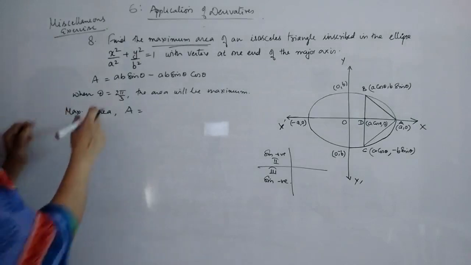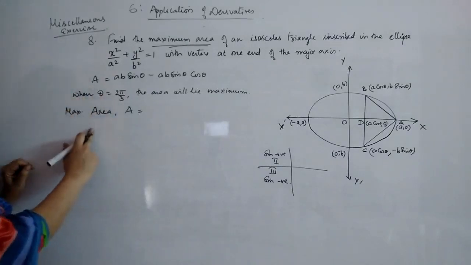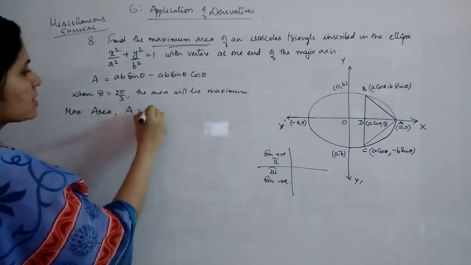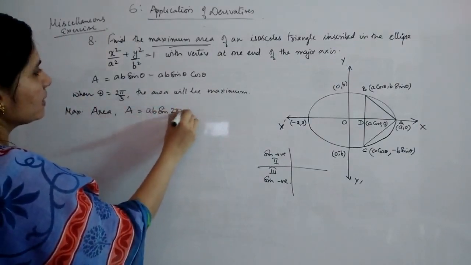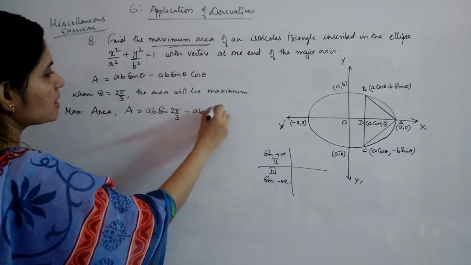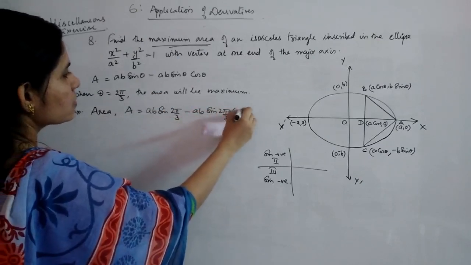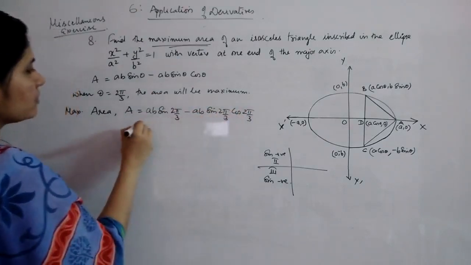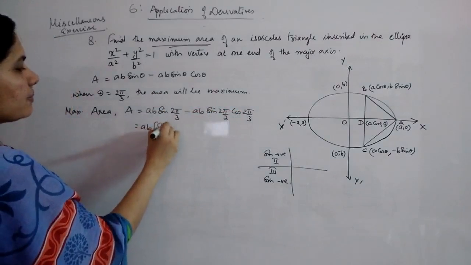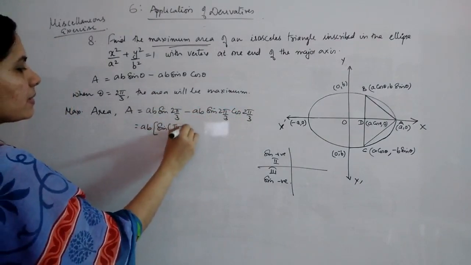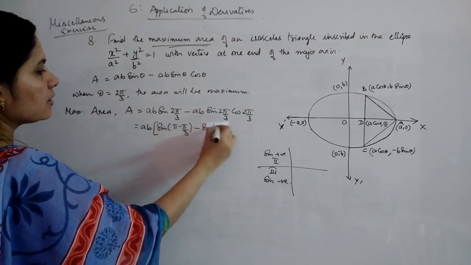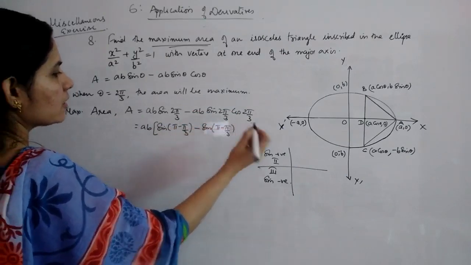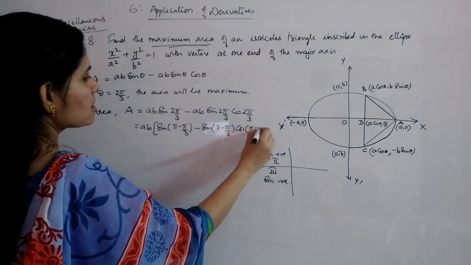Replacing the value of theta in the area will give you the maximum area. So the maximum area is AB sine 2 pi by 3 minus AB sine 2 pi by 3 cos 2 pi by 3. So AB can be taken out. Sine 2 pi by 3 is nothing but sine of pi minus pi by 3, minus sine pi minus pi by 3 cos pi minus pi by 3.